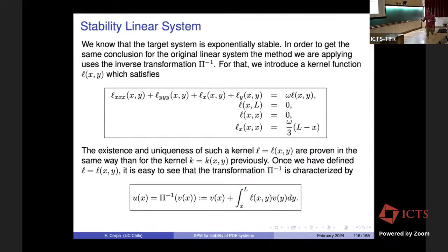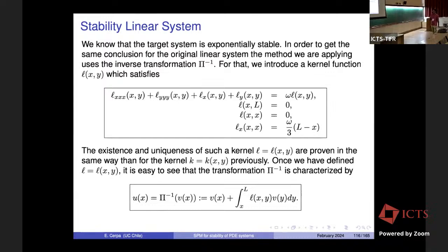In order to get the stability, we need a transformation going from the original system to the target one, and we also need the inverse transformation, or one transformation going in the other sense. You can do all the computations again to get a formula for the inverse transformation.